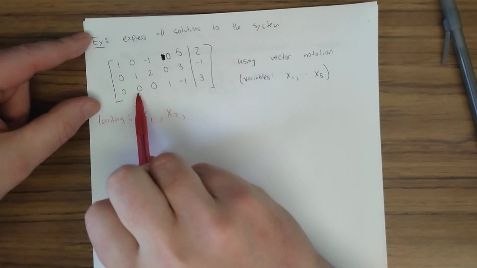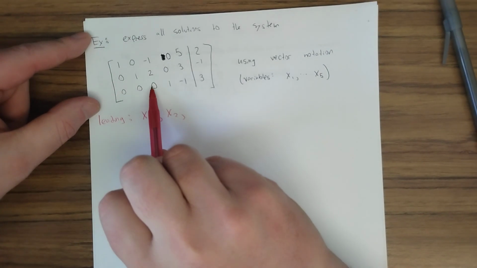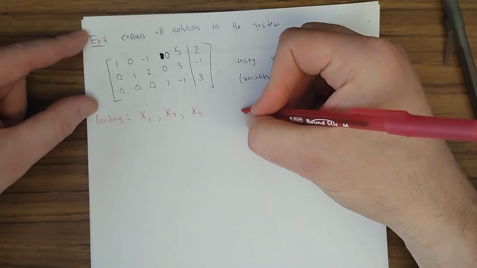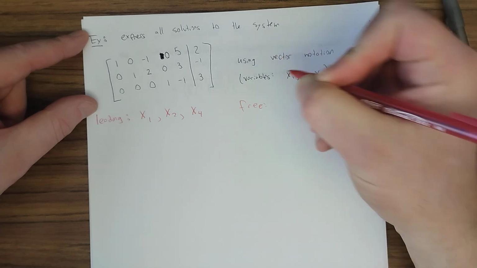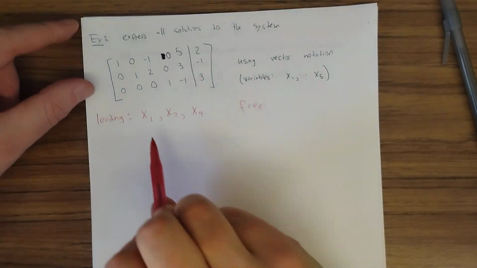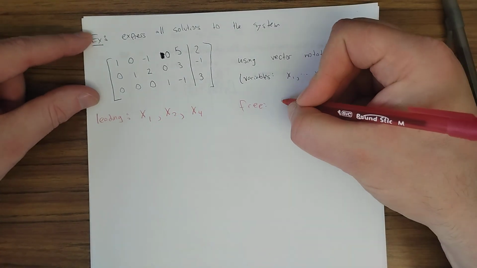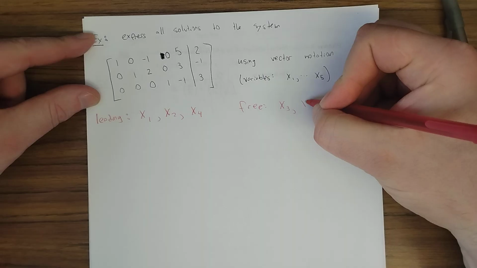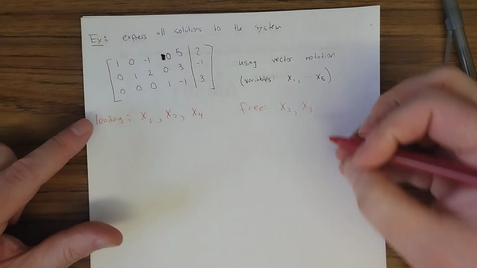And in this row, x4 is leading. And anything that isn't leading, we call free. So say x3 was not leading, and there's also an x5 which was not leading.